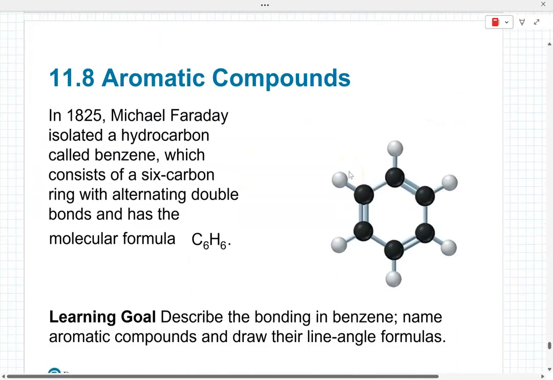So we've covered so far alkanes, cycloalkanes, alkenes, and alkynes. Brief question. What do you think? Are there cycloalkenes? Yes. Cycloalkynes? Sure, why not?